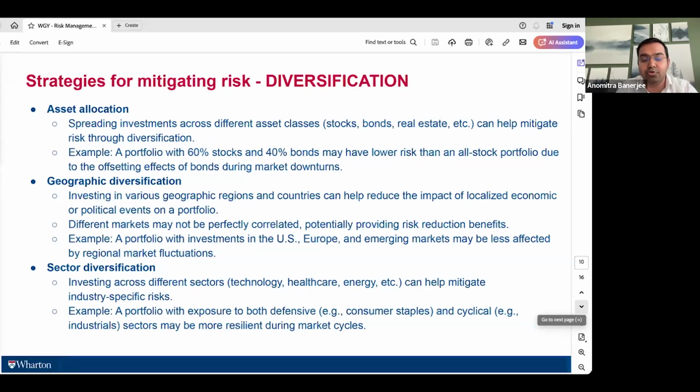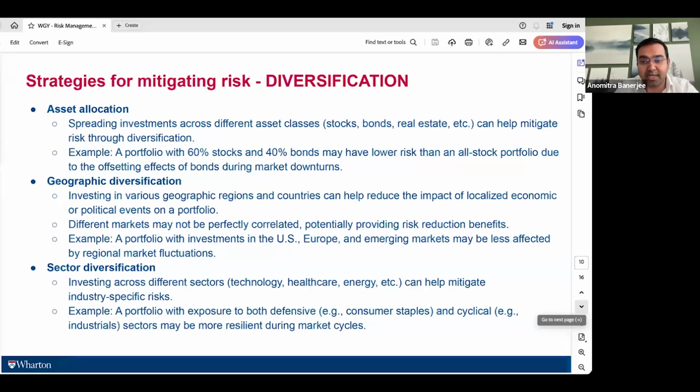You'd reduce your risks dramatically if you do that, because different markets have different companies playing in them, which will not always behave the same way as the other markets. The US market would behave quite differently from the European market, which would again be very different from the emerging markets.